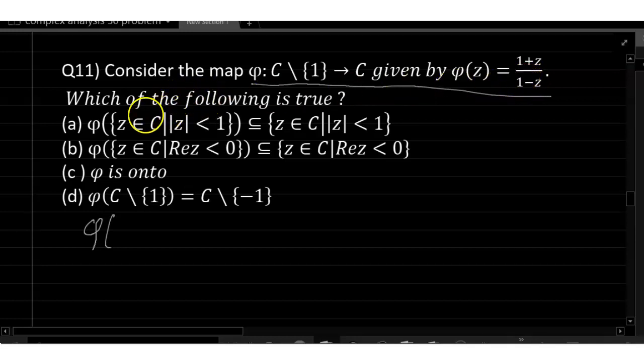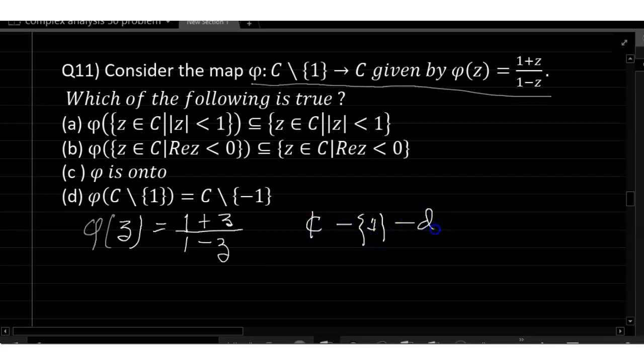Which of the following is true? So friends, now we try to solve this problem. Here phi(j) equals 1 plus j divided by 1 minus j, and C minus 1 is my domain.